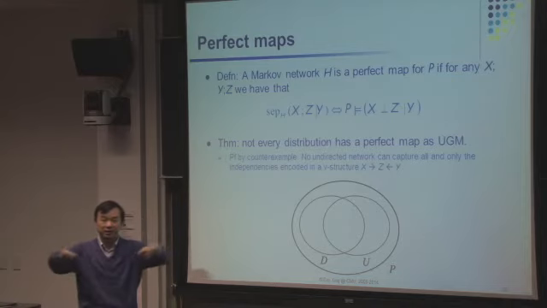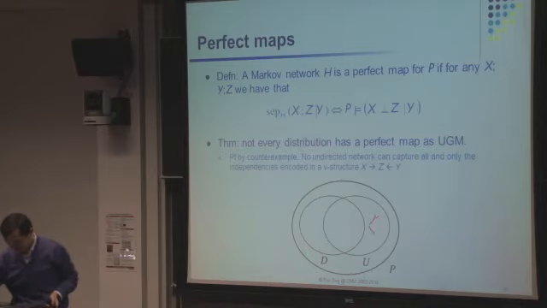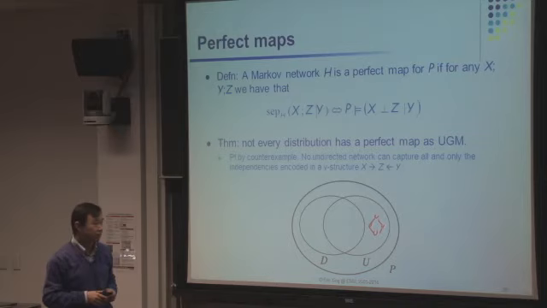This diamond structure we just studied cannot be captured here, so it must be somewhere here. So there are some probabilistic distributions whose perfect map cannot be in this particular ellipsoid. It must be somewhere here or other places.